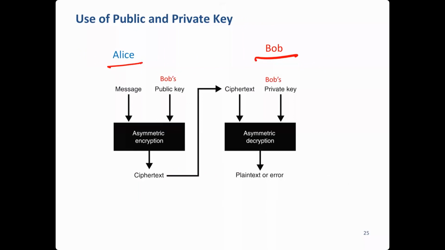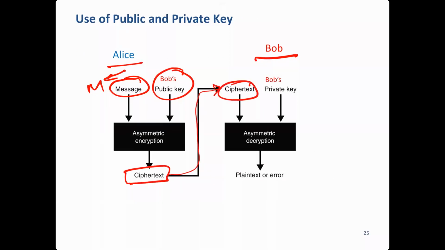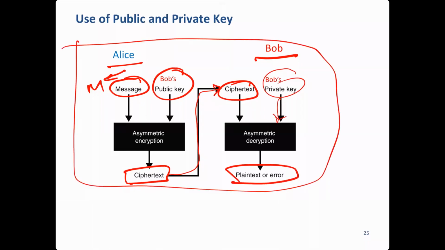Now Alice wants to send a message to Bob, and Alice has a message M. So Alice uses Bob's public key to encrypt this message M and create a ciphertext, which she sends to Bob. Bob receives the ciphertext and uses his own private key to decrypt it. So this is the basic model of public key encryption.